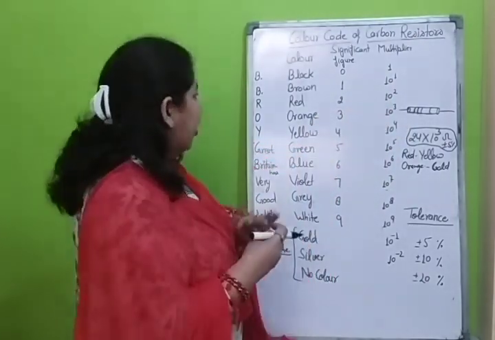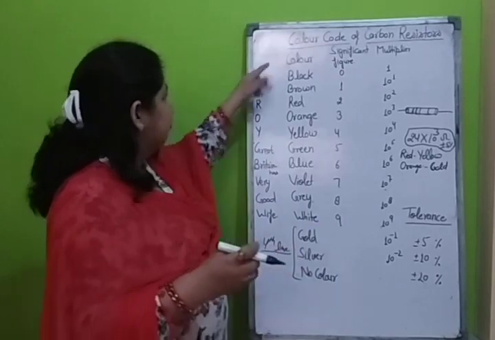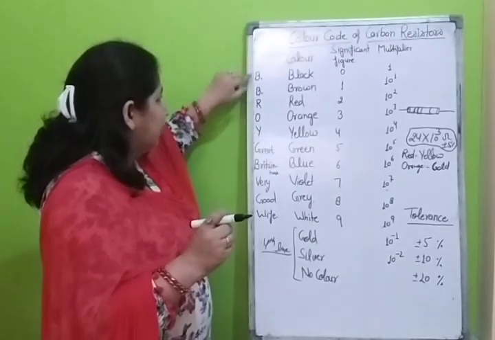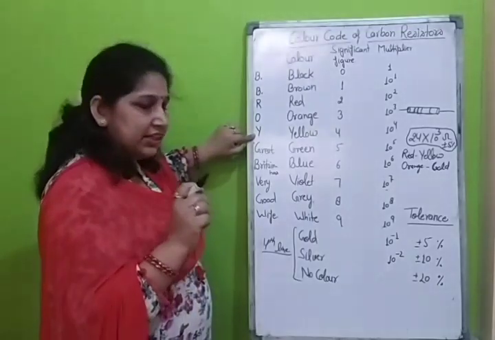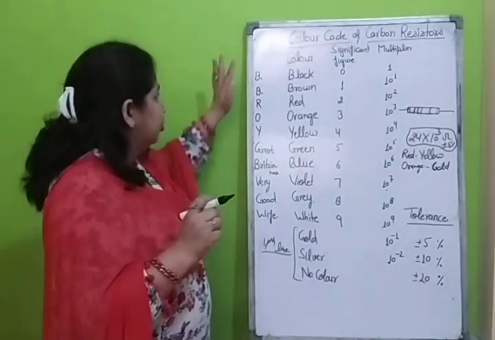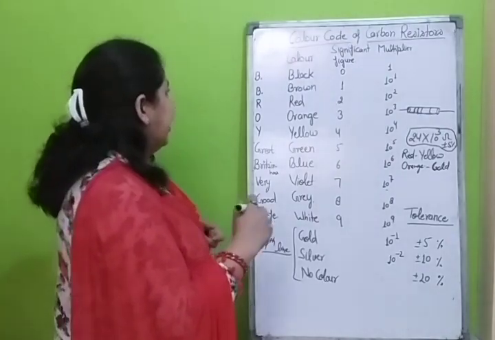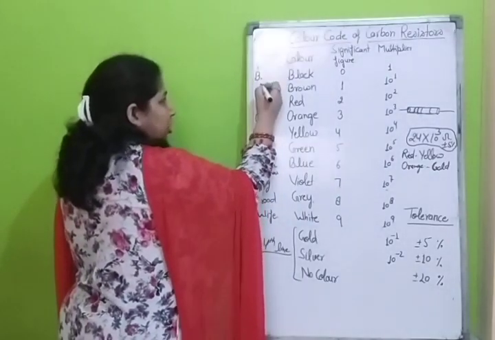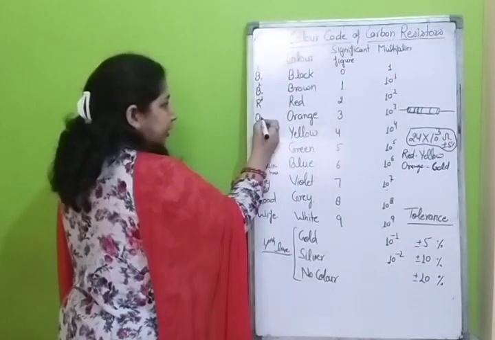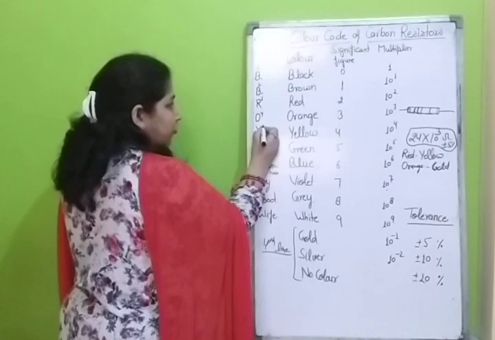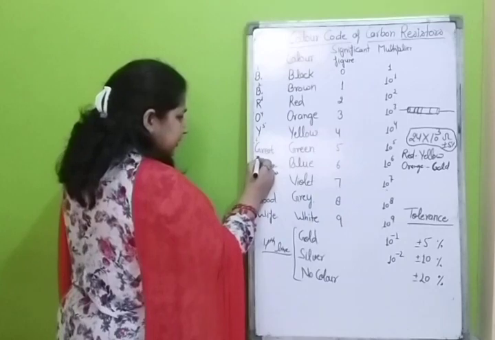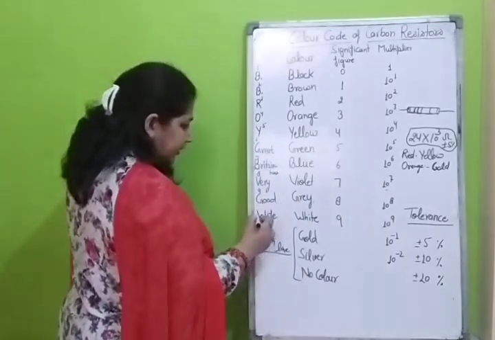Got it? Now how can you remember this sequence? To remember this sequence, you should remember B.B. Roy. This is a name of Great Britain. Has very good wife. You remember this sequence: B for 0, next B for 1, Roy for 2, orange 3, yellow 4, and here Great for G, 5, then 6, 7, 8, 9.